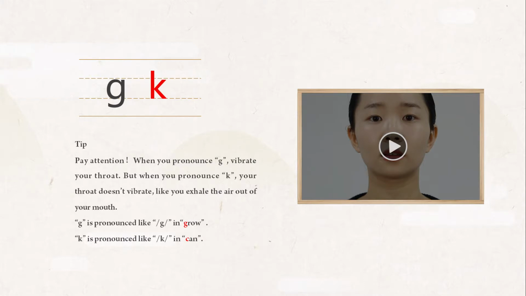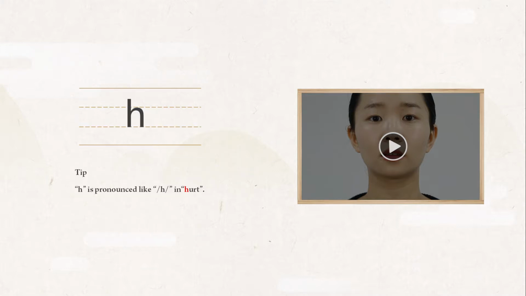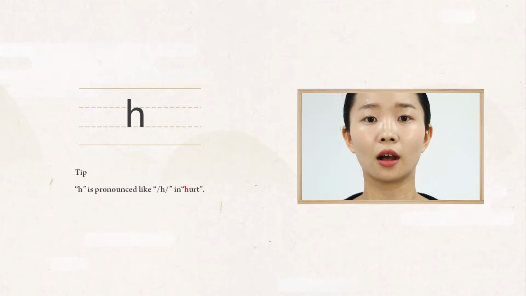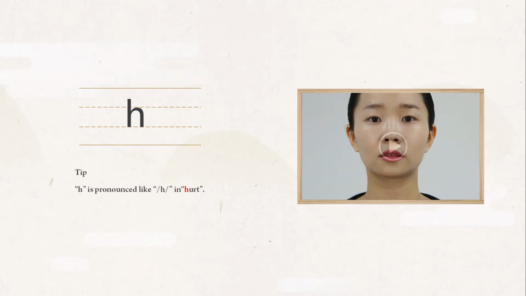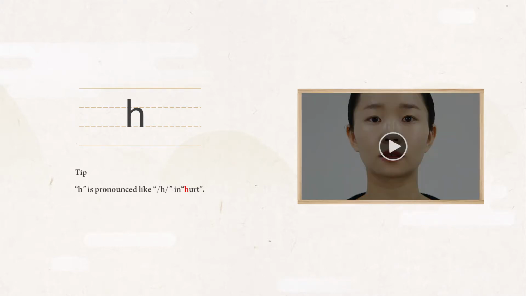G is pronounced like G in grow. K is pronounced like K in can. H. he. Here's a tip. H is pronounced like H in hurt.